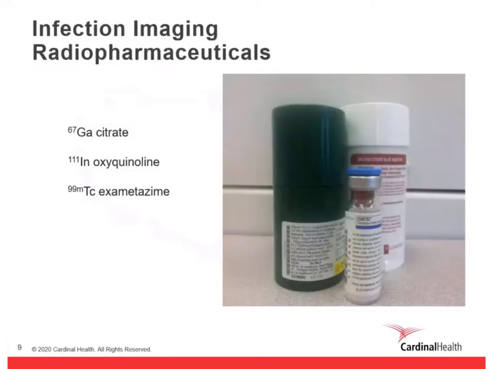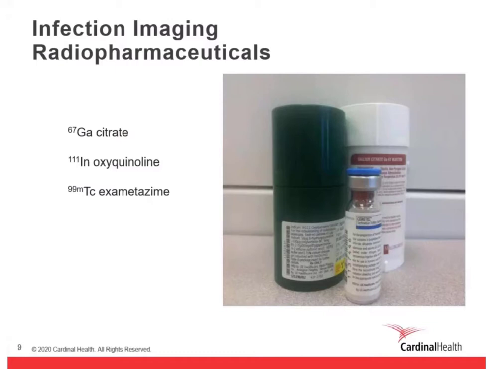So, all right, let's take a look at our options. When we think about imaging infection, we have 3 major choices. We've been using gallium-67 for almost 40 years. It was the original go-to source for a long time. However, in the 1970s, researchers began taking a look at more imaging options, such as indium-111 and technetium.